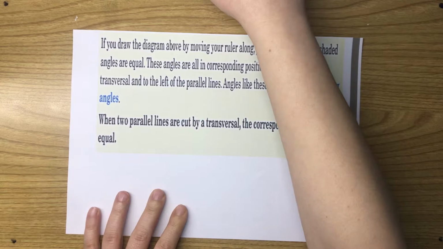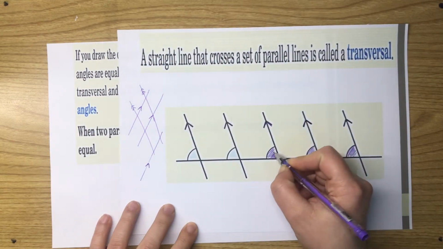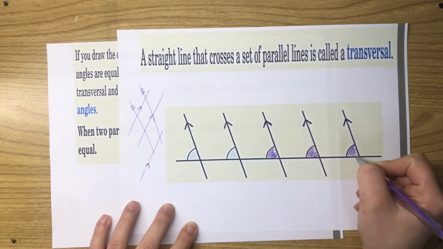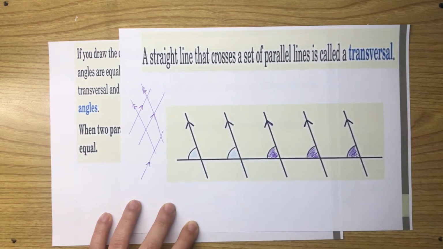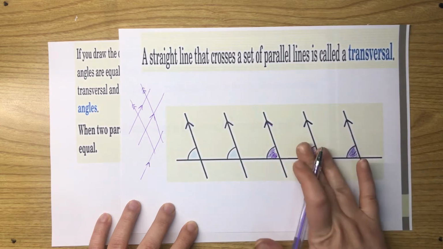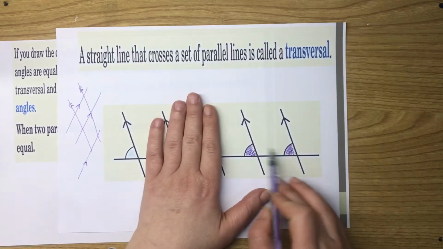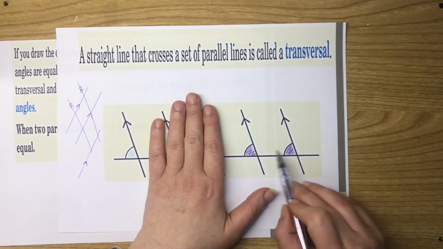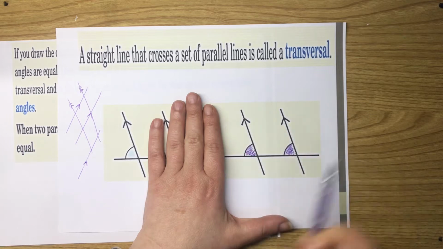So the angles that I have shaded are at the same position for the other parallel lines, and they are called corresponding angles. That means they have the same place but on a different line. This one corresponds to this one because these two lines are parallel.